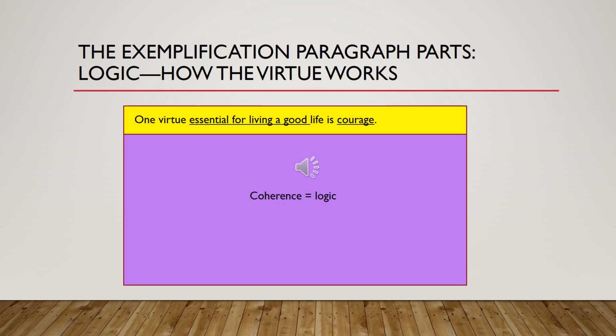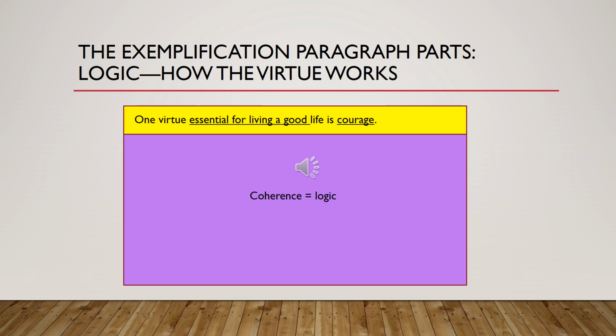That will give the reader a better understanding of how to assess the example that you're using to illustrate that point. In other words, without a dynamic, without a function for courage, there's nothing to understand in the example.